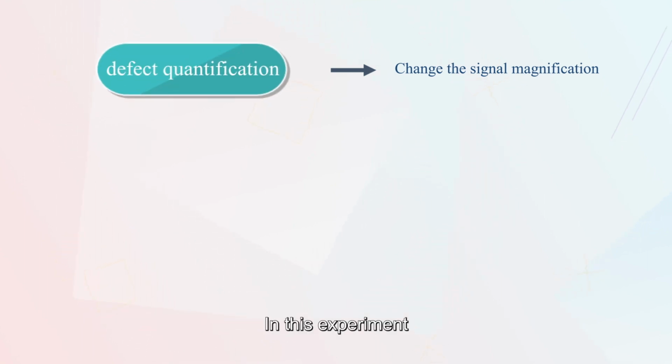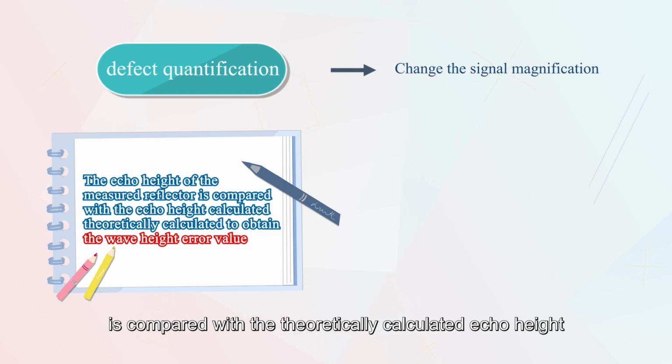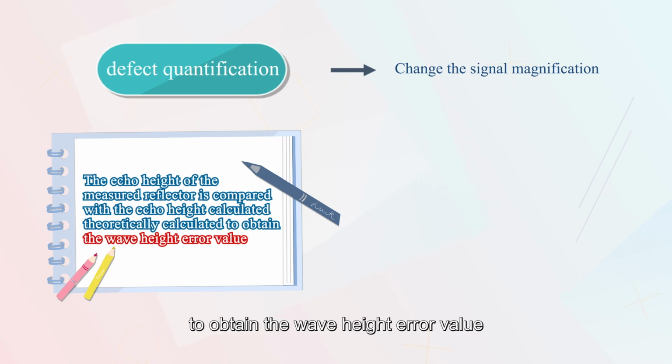In this experiment, the signal amplification factor is changed by adjusting the attenuator, and the measured echo height of the reflector is compared with the theoretically calculated echo height to obtain the wave height error value, which is used to describe the linearity amplification error of the amplifier.